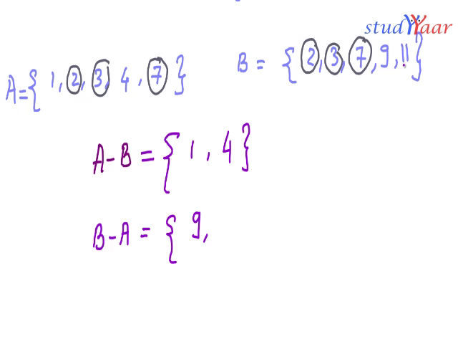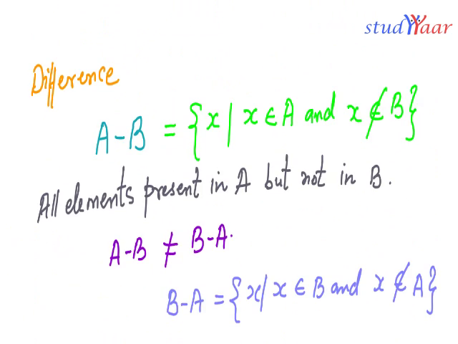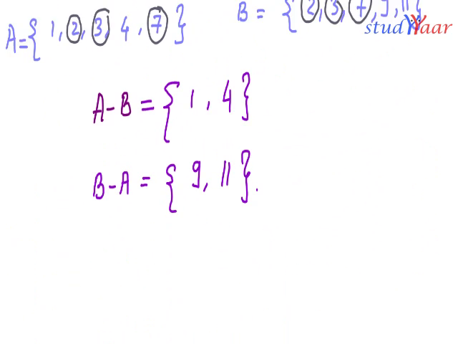And 11 is also only present in B and absent in A. Therefore, I am going to have 11 over here. So this is my set difference of A and B, and B minus A.